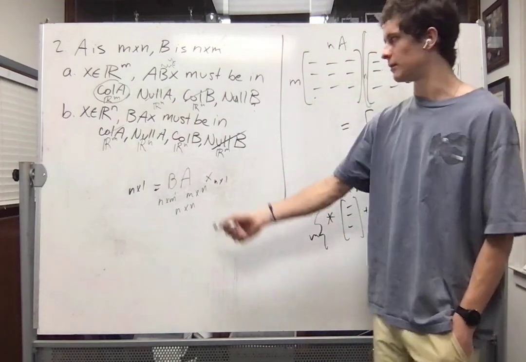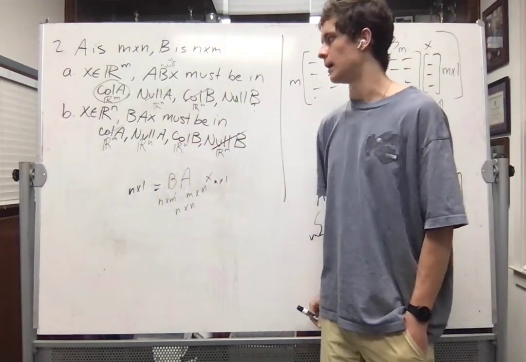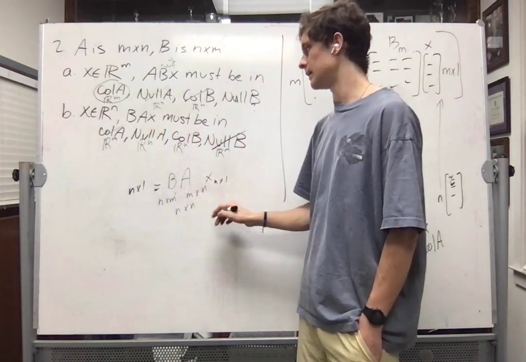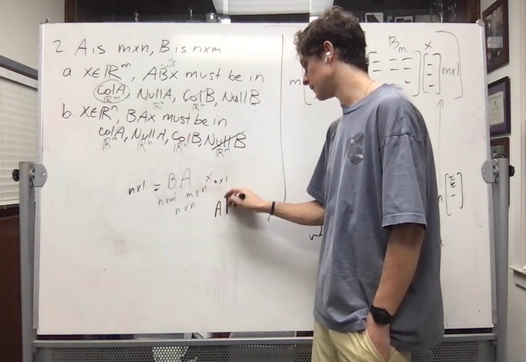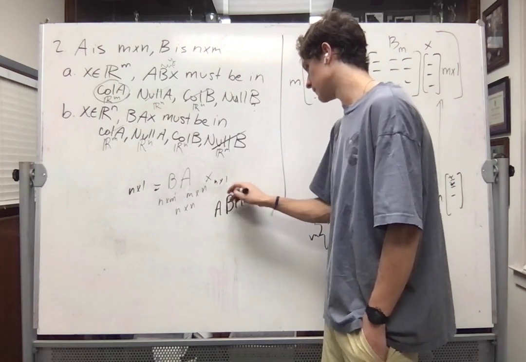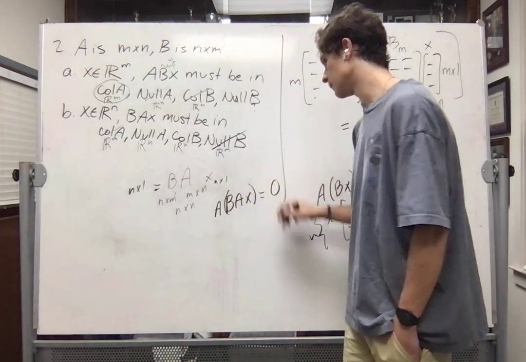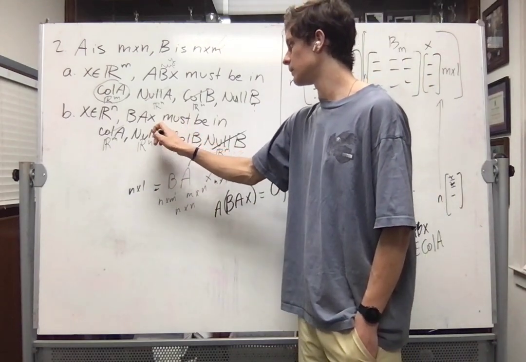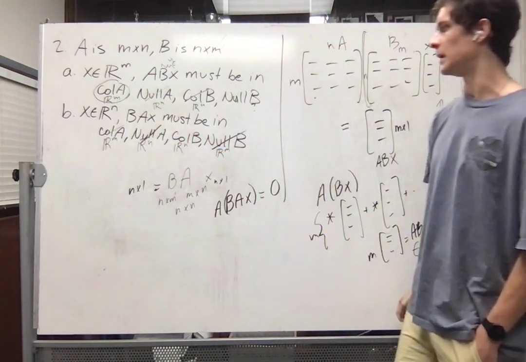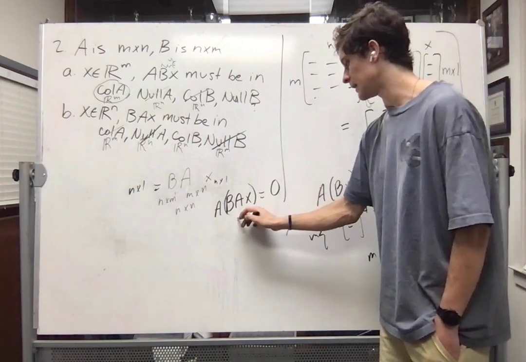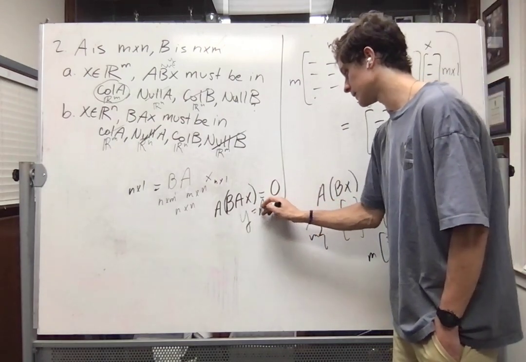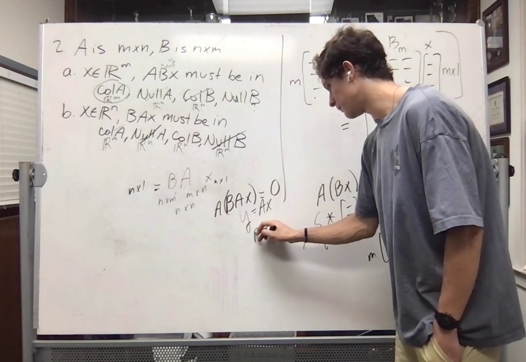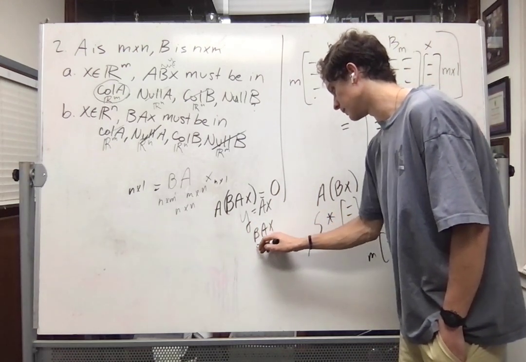Once again, I really have no reason to think that this BAx is going to satisfy A times BAx equals 0. So null A, probably not, no. But col B, once again, if we say Y is Ax, then BAx is equal to By.